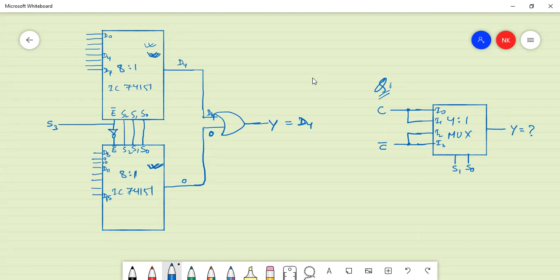So can anybody tell me the answer? Has anybody done it?